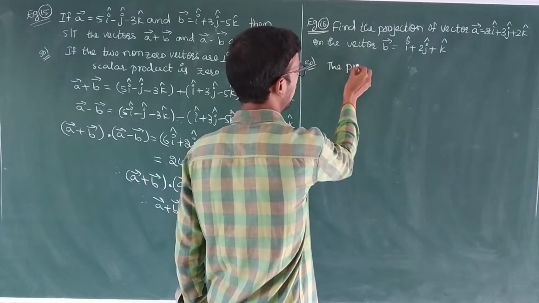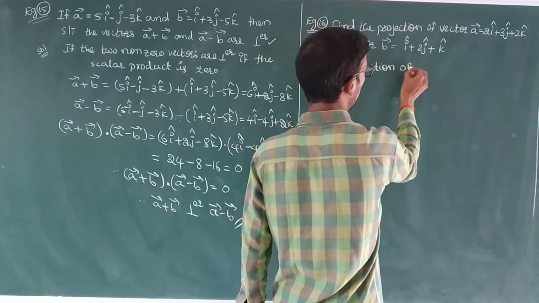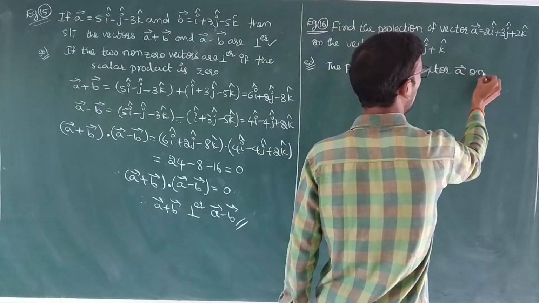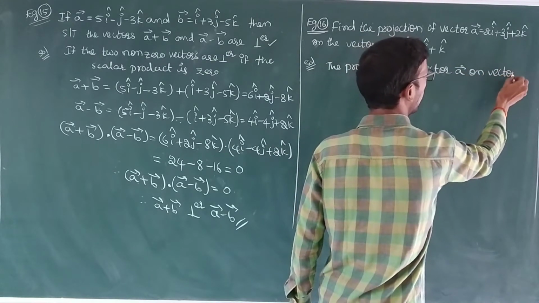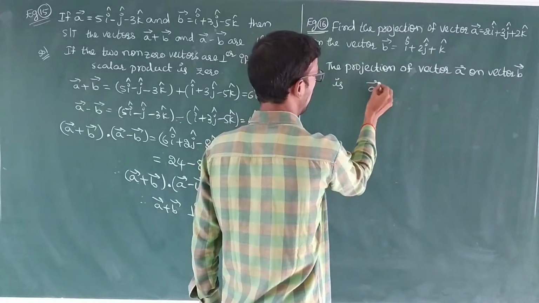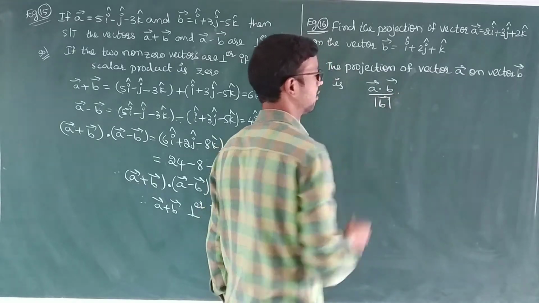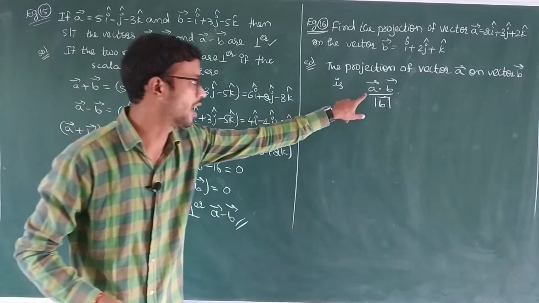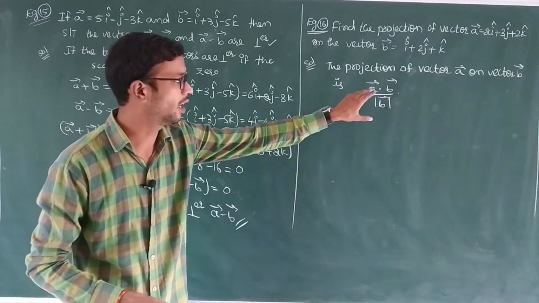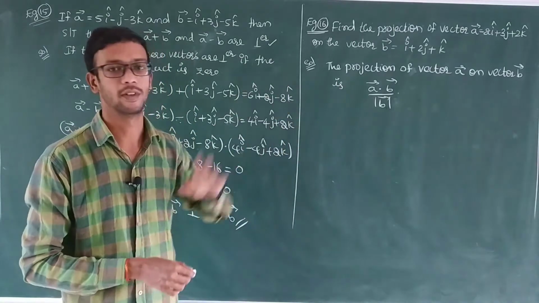The projection of vector A bar on vector B bar is A bar dot B bar divided by magnitude of B bar. So we have to find A bar dot B bar and magnitude of B bar, and substitute. Simple.